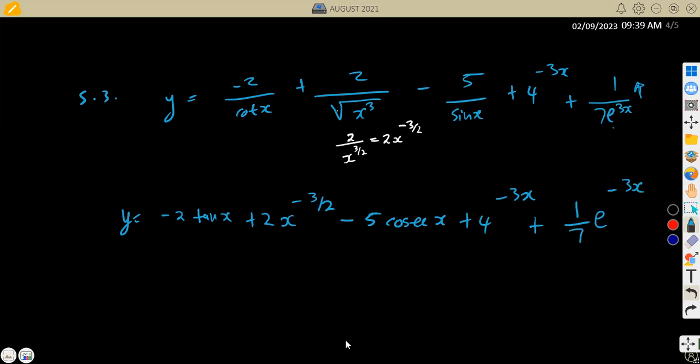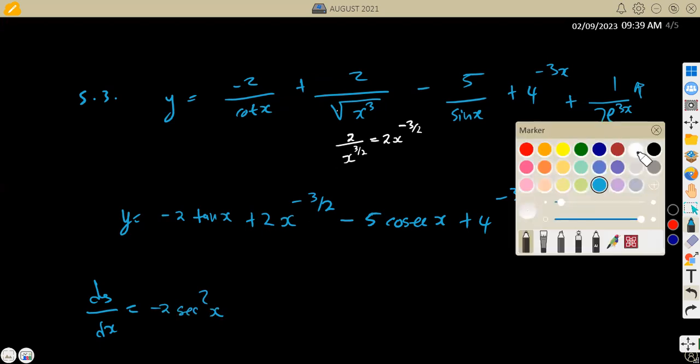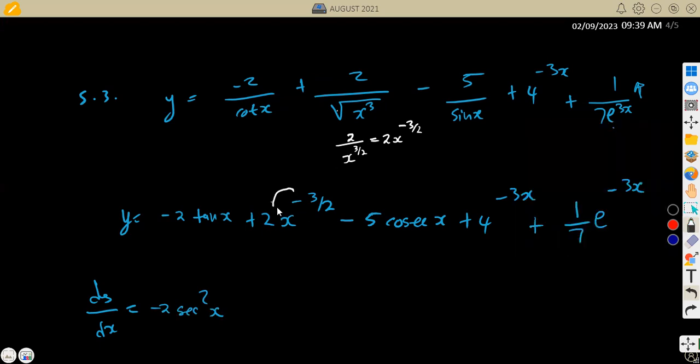Once you have managed to write your expression in this format, that means we can find the derivative of y with respect to x. Remember, from our formula sheet, the derivative of tan is sec squared. So it's going to be -2 sec squared x. All right, we move on to x. Remember, if you are given an exponent like this, you have to multiply by 2.